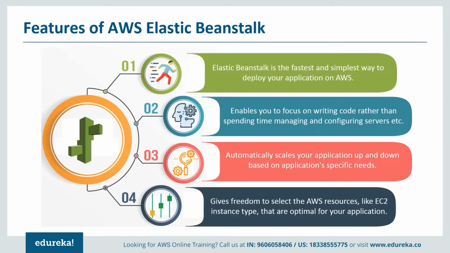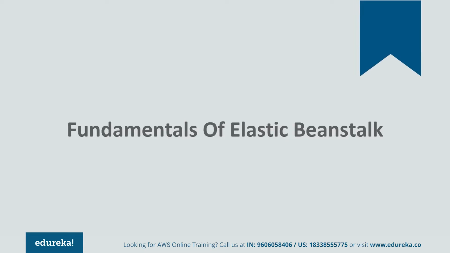If you remember, when you use Infrastructure as a Service to deploy your application, you have full control over AWS resources. Similarly, Beanstalk also provides you with full control over your AWS resources, and you can have access to the underlying resources at any time.